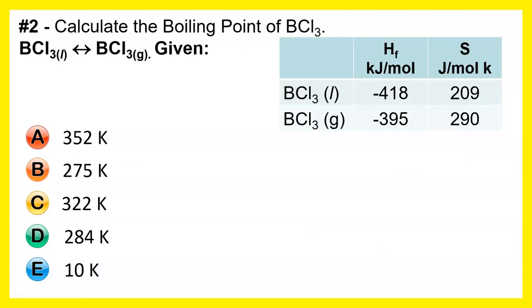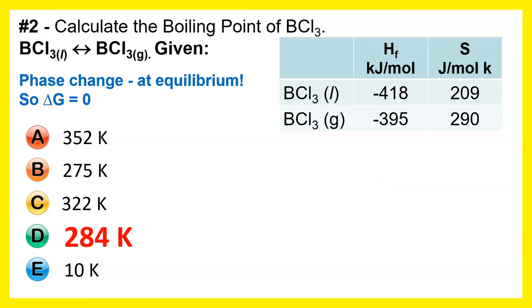All right, number 2, calculate the boiling point based on these enthalpies and entropies. What do we know about phase changes? Boiling is a phase change. Well, during phase changes, we know that delta G is 0.